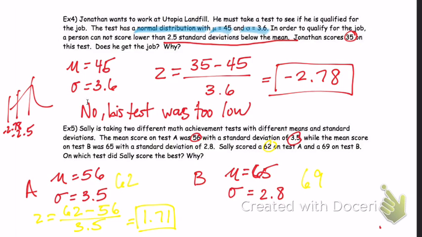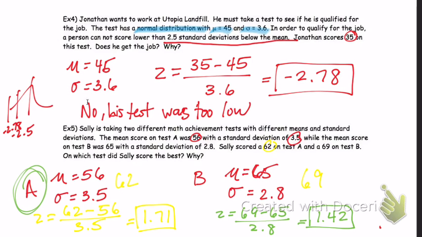And then her score on test B is 69 minus 65 over 2.8. You should get 1.42. So which test did she do better on, A or B? B, because of a higher z-score. So a higher z-score means a better grade.